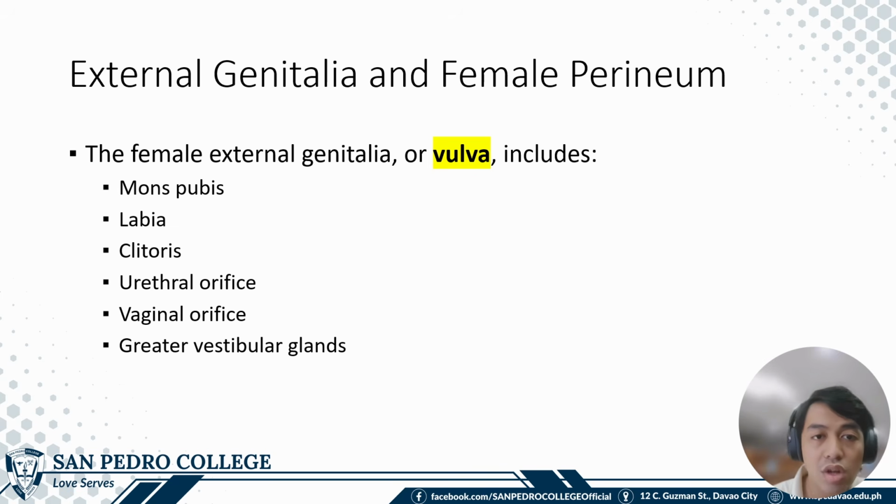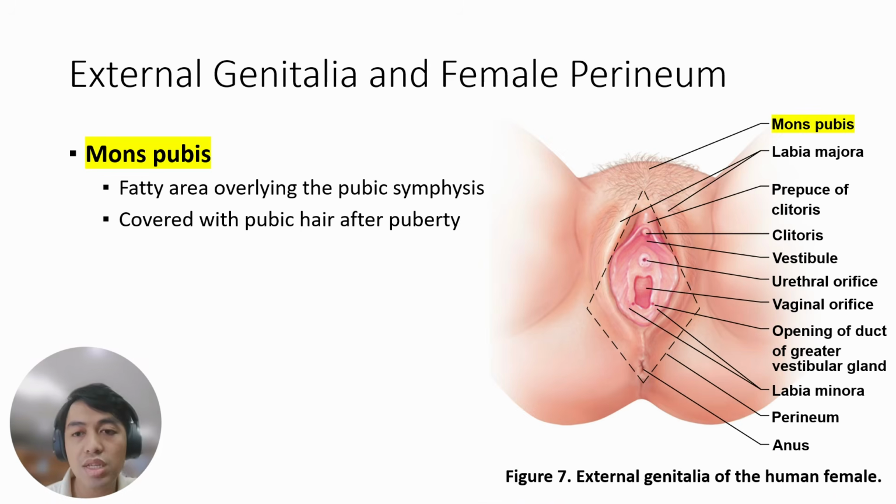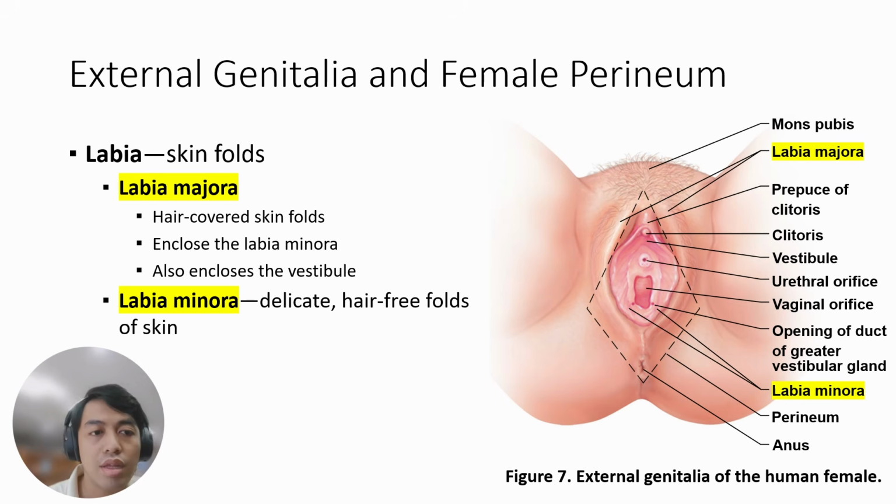As for the external genitalia of the female, these are some of the structures. The mons pubis is an inverted triangle area superior to the vulva that is lined with pubic hair. There is a pair of labia majora and labia minora.